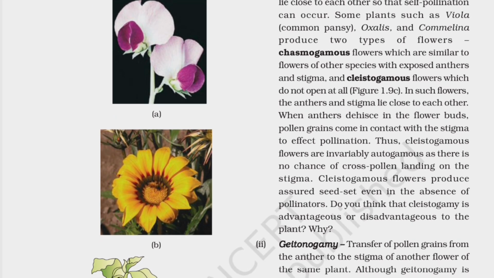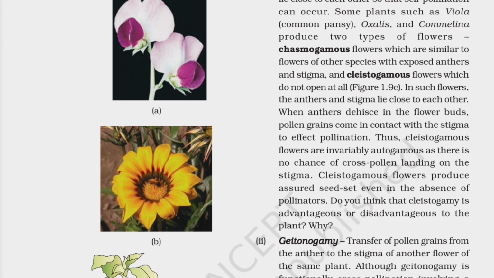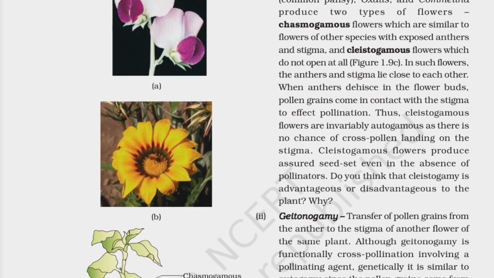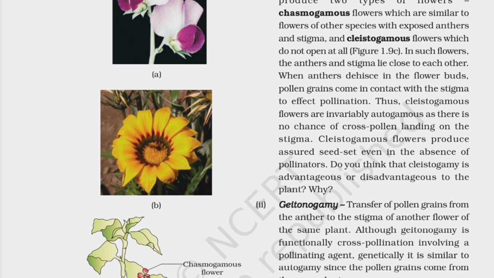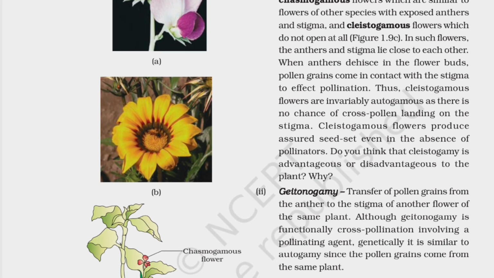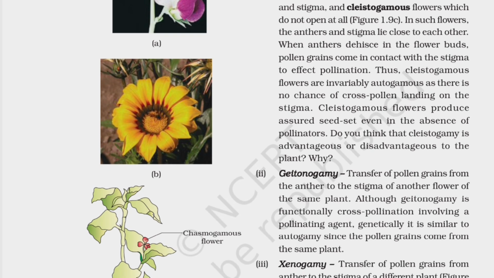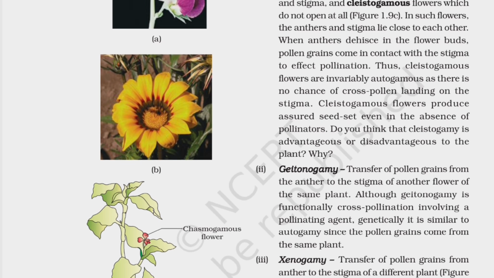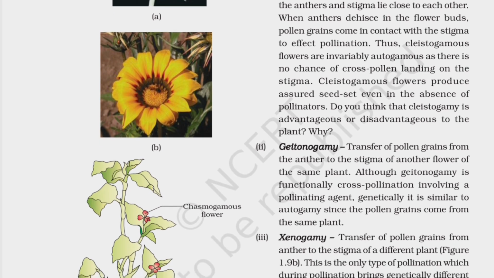When anthers dehisce in the flower bud, pollen grains come in contact with the stigma to effect pollination. Thus, cleistogamous flowers are invariably autogamous as there is no chance of cross-pollen landing on the stigma. Cleistogamous flowers produce assured seed set even in the absence of pollinators.